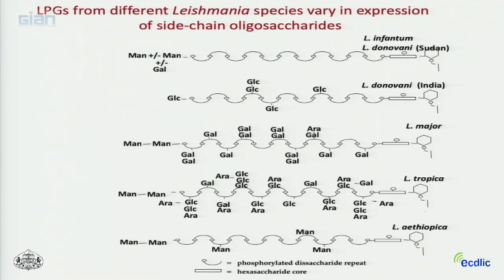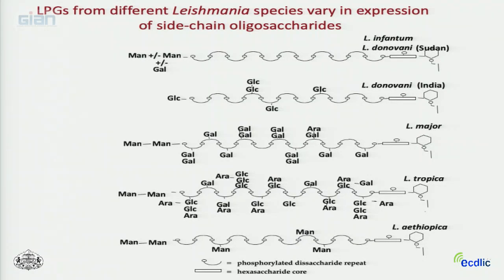So they all have the same GPI anchor structure, the same oligosaccharide core structure. What they vary in are the nature and number of the repeats, these phosphorylated disaccharide repeats. They all have the basic phosphodisaccharide repeat unit structure, but some of them put side chain sugars on these repeat units.